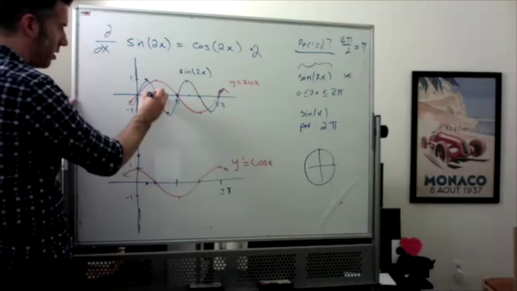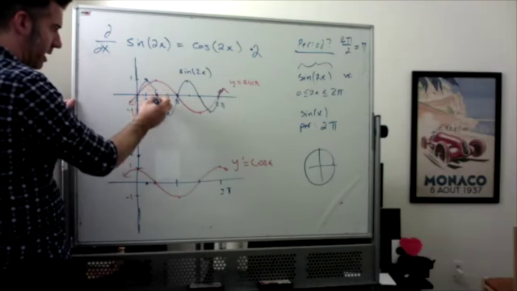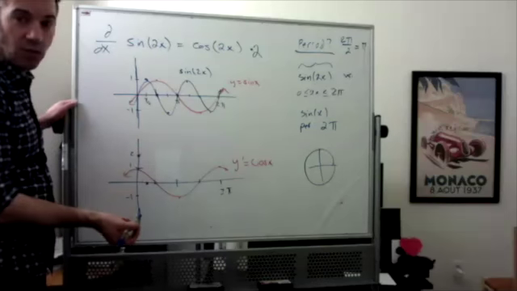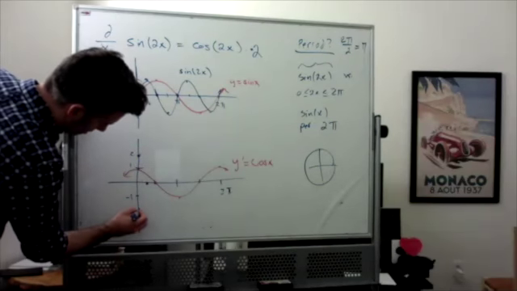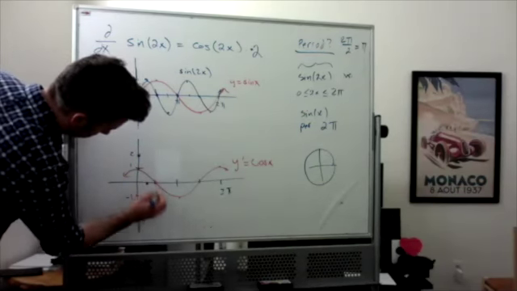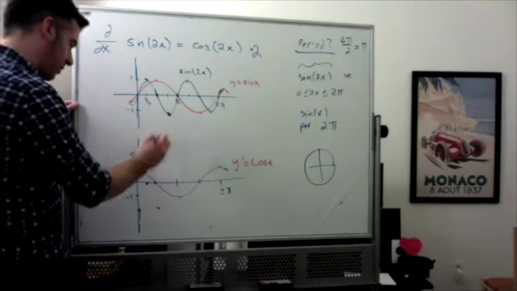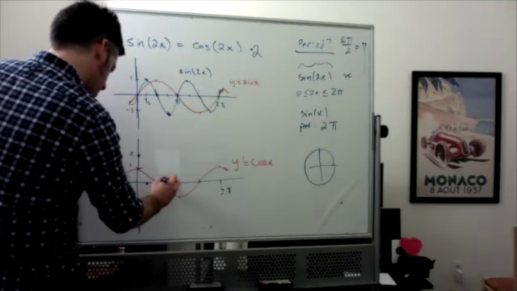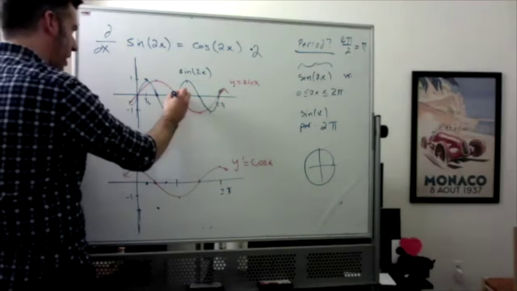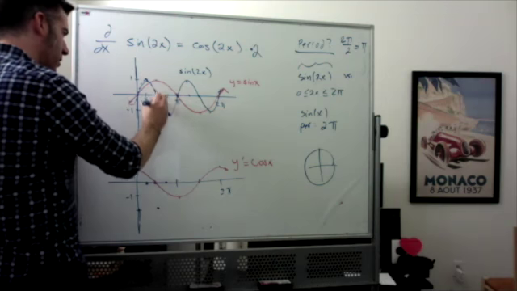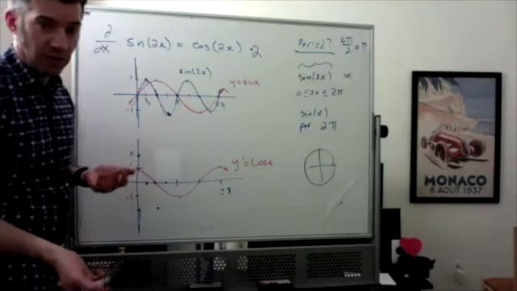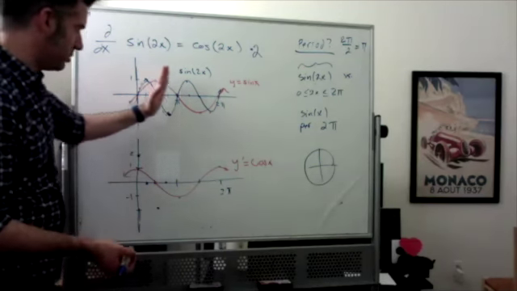At pi over 2, we get a steeper negative slope, more steep than negative 1, it's negative 2. At 3 pi over 4, we get a slope of 0. And at pi, we've done one full period, and you should be back to where you started, meaning if the slope was 2 here, the slope should be 2 here.